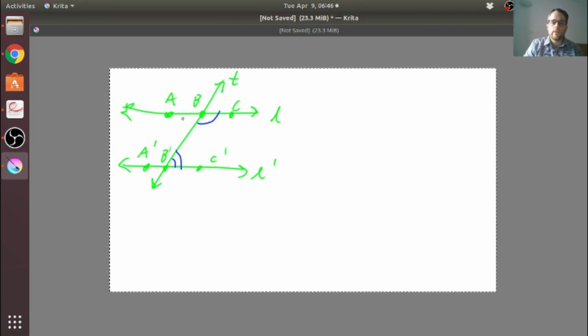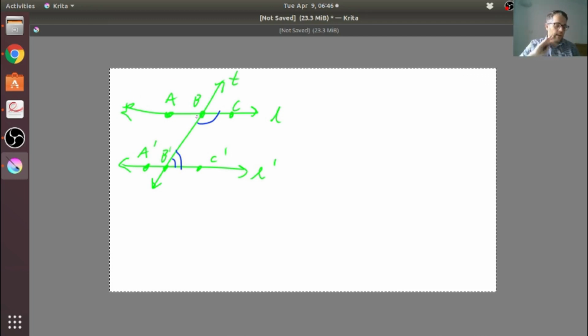So I had four to choose from. Non-alternating interior are the ones on the inside which don't alternate. So that's the idea. We have the four interior angles, 2 pairs of alternate interior angles, 2 pairs of non-alternating interior angles, and then we have 4 pairs of corresponding angles, right?